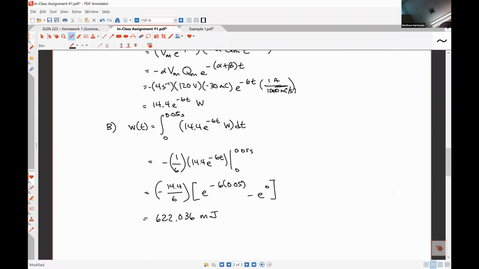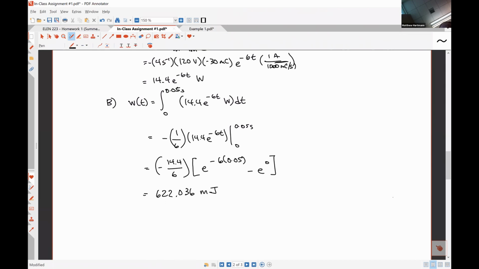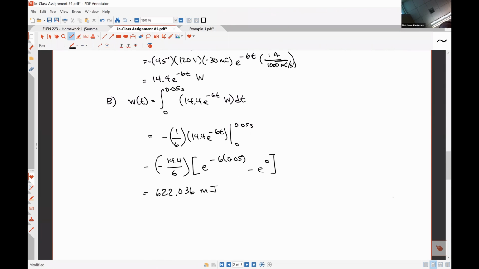Just trying to really test you guys if you can remember how to do simple derivatives and integrals. So far in this single in-class assignment, you've been asked to take, I believe, the derivative of a sine function, and then an exponential function, and we've taken the integral of an exponential. As far as the calculus used in this class goes, it's going to be exponential functions and sine and cosine functions.